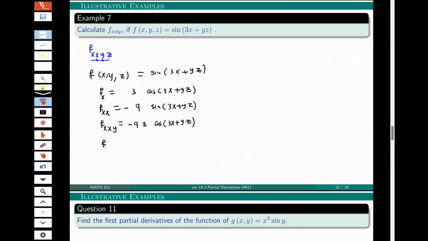Now I need to differentiate it with respect to z. I have to consider the product rule now, because here I have z and here I have another z. So the derivative of the first will be minus 9 times the second.